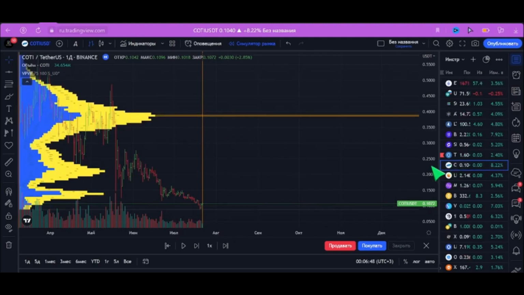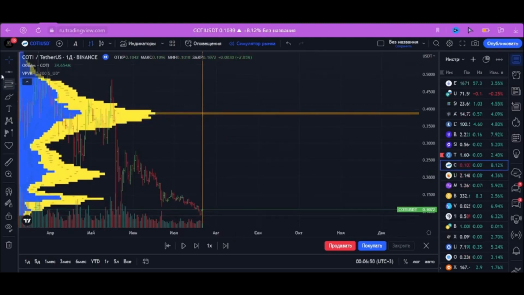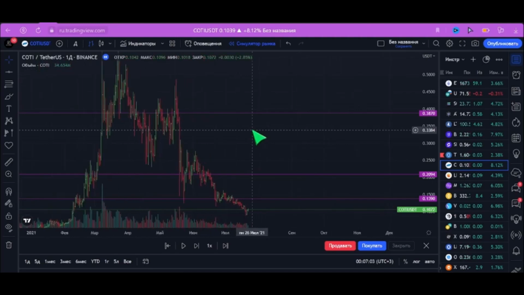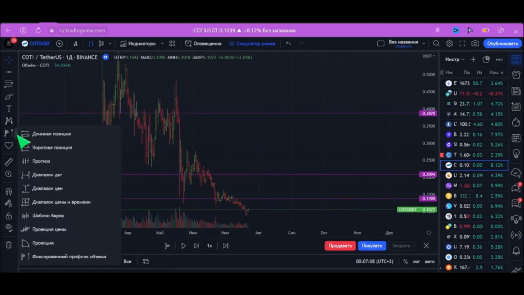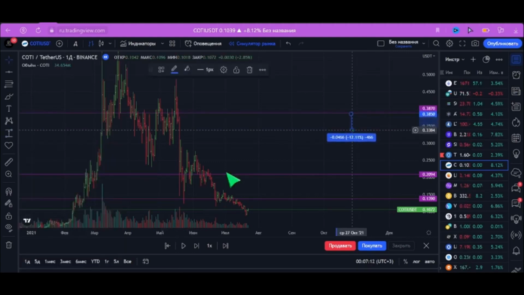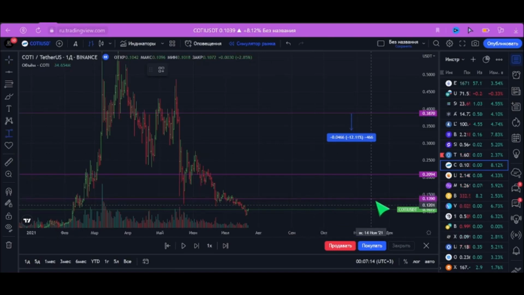So now we remove it, and then we will take only shorts. That is, if we have a downtrend and put levels on volumes, we take only short positions.